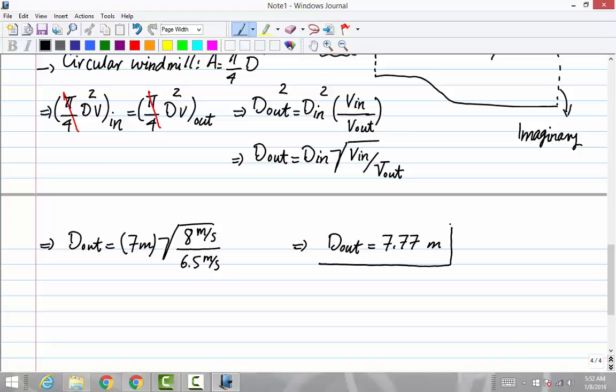This is the diameter at the outlet. So we solved for the first question.